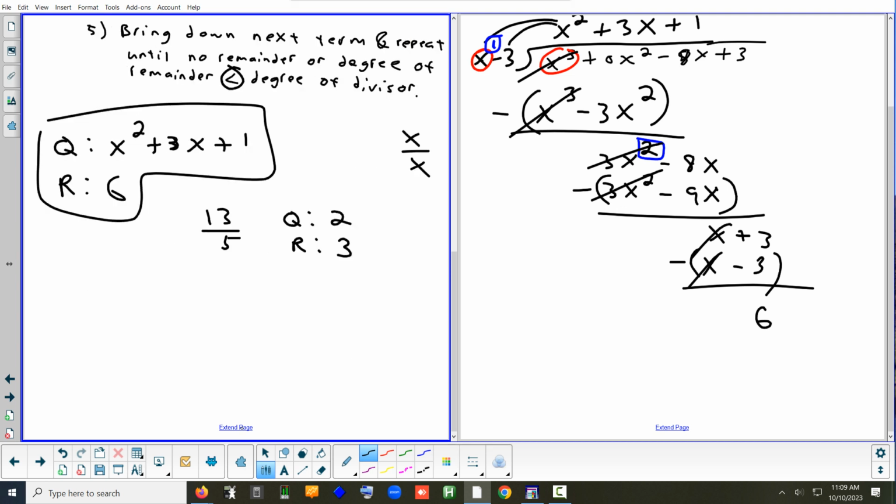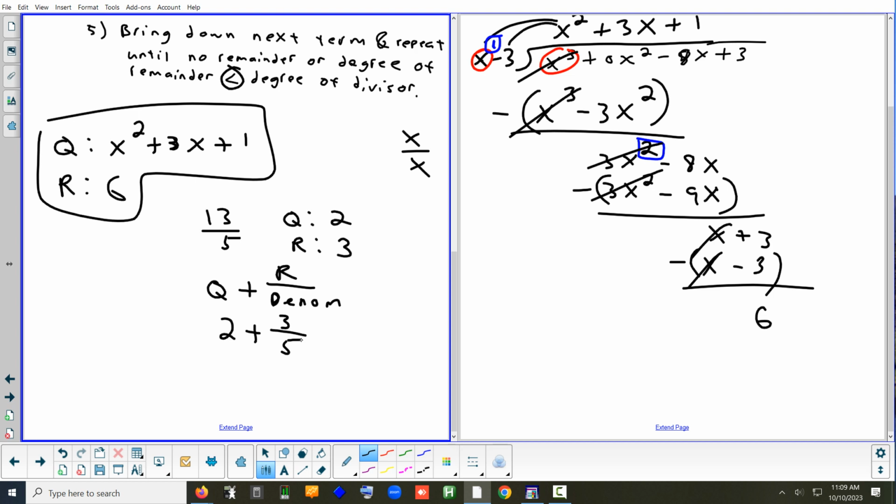So another way you can write your answer is quotient plus remainder over the original denominator. So you could write 2 plus 3 over 5. Or you could put that as a mixed number and say 2 3/5.